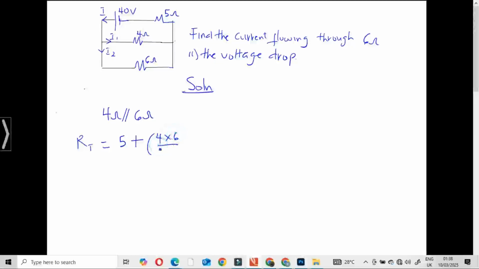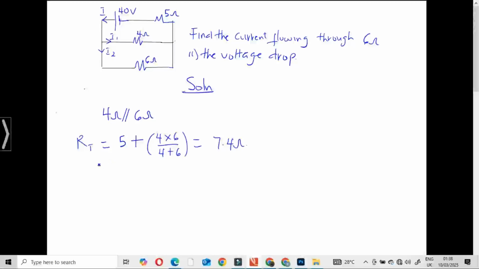That is 4 times 6 over 4 plus 6. And upon computing this gives us 7.4 ohms.